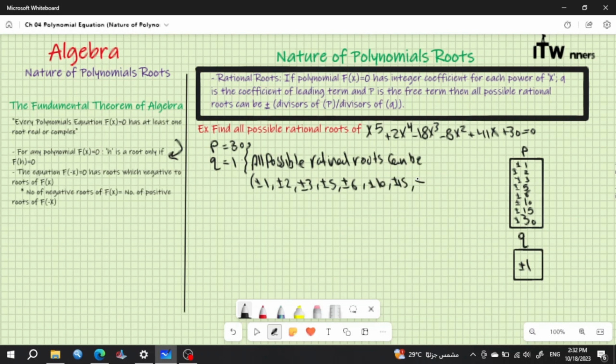Okay, so again, let's start with synthetic division on the first number, positive 1.